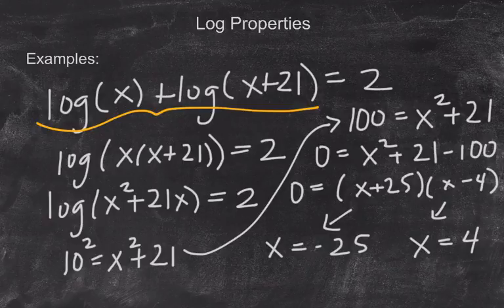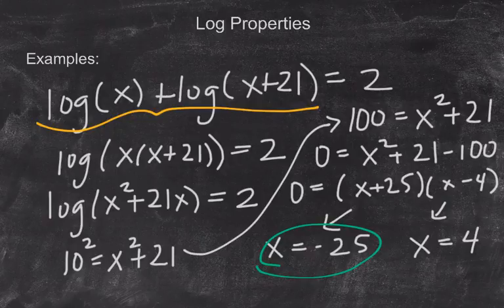There's one interesting thing here. We got a negative x value as a solution, but if we think about the log of negative 25, that's actually not defined. If you watch the video about graphing logs, you'll see that there's a vertical asymptote at x equals 0, which means we don't have x inputs that are less than 0.